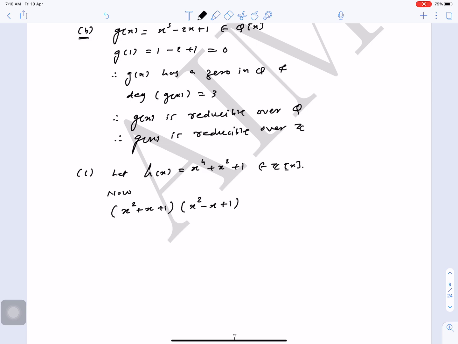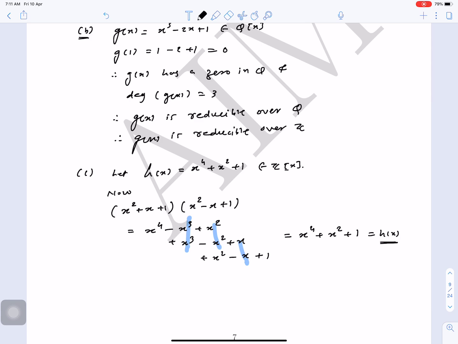So you look at the product of these two factors, then it will be what? x raised to 4 minus x cube plus x square plus x cube minus x square plus x square minus x plus 1. So it gives me what? x cube cancels, x cube cancels, x square cancels, x cancels. So we are left with x raised to 4 plus x square plus 1, and this is what? h(x).